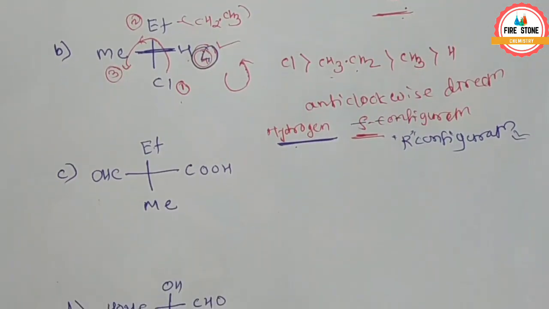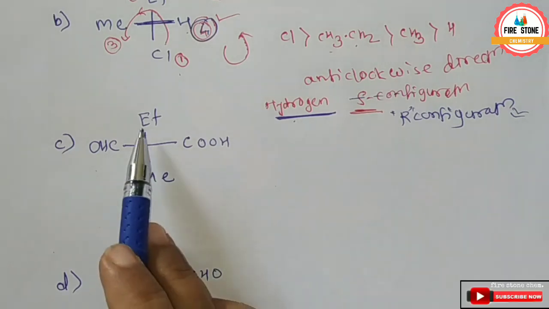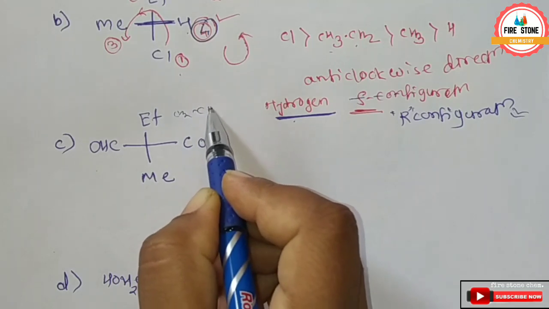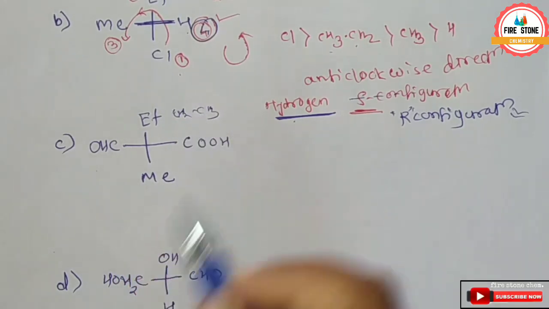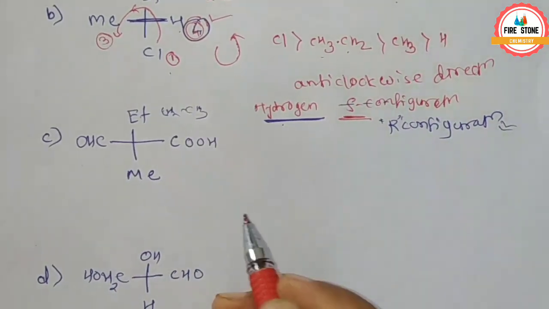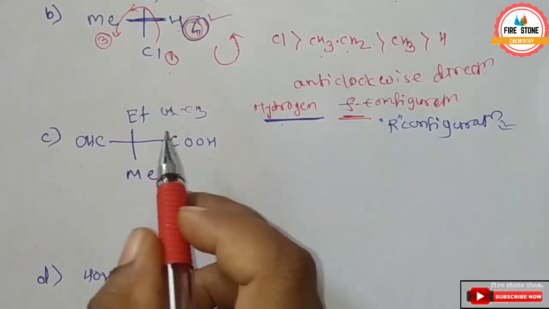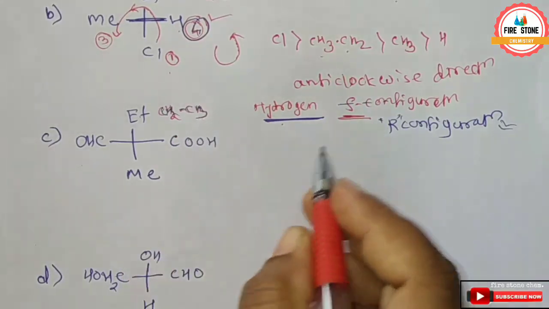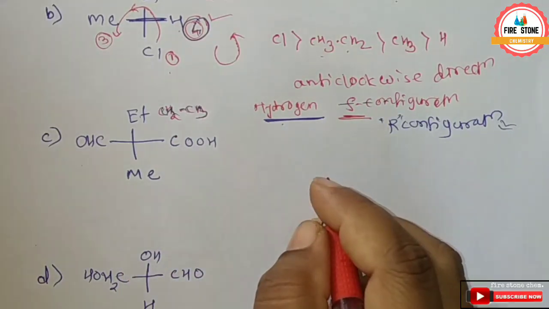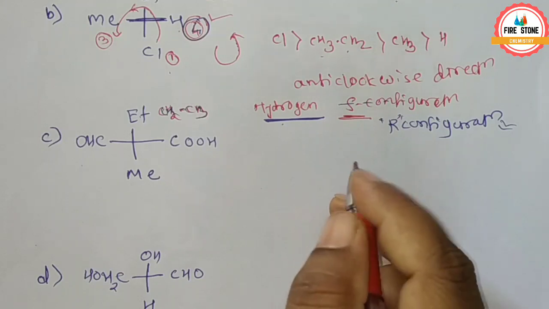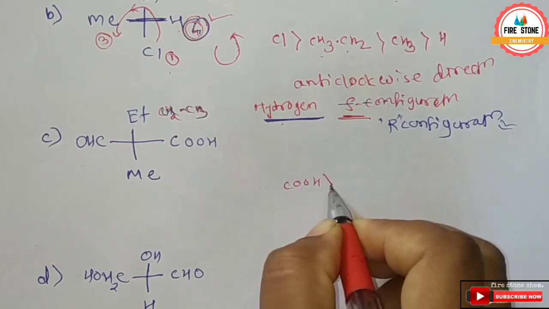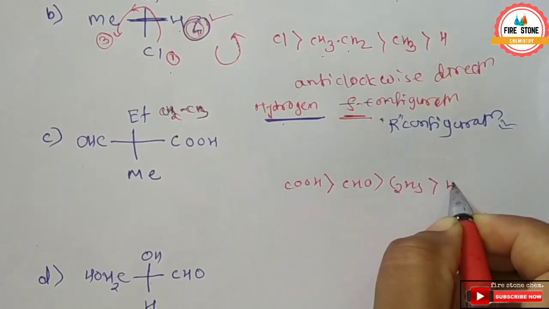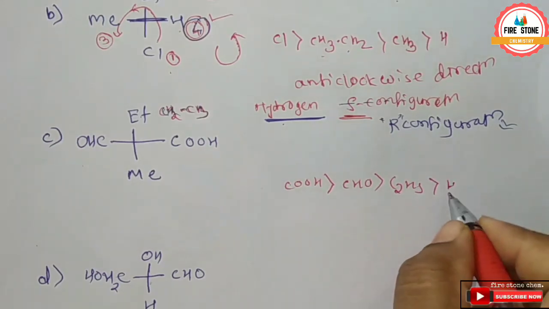So next one is the Et, that is CH2CH3. So in option number C there is Et group, that is CH2CH3. So priority is COOH, then CHO, then C2H5 and then CH3.